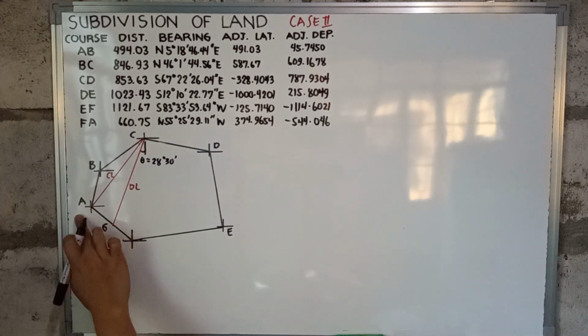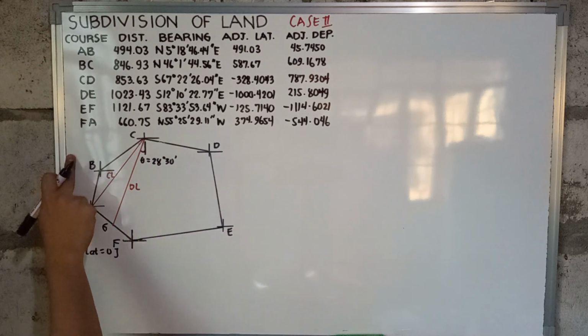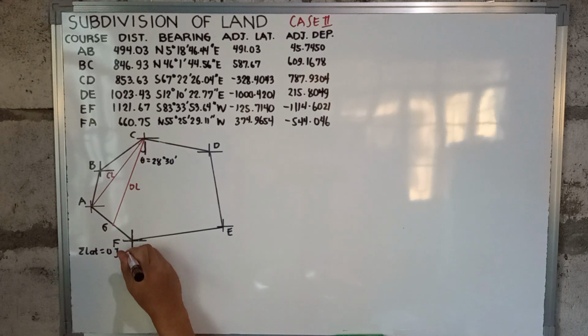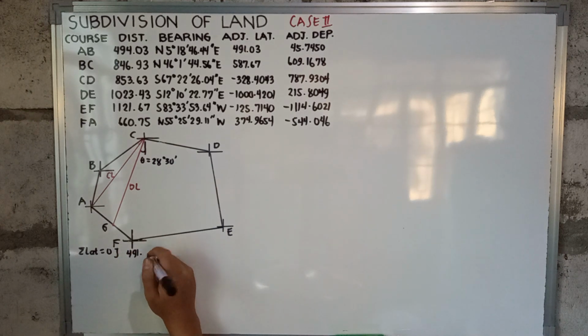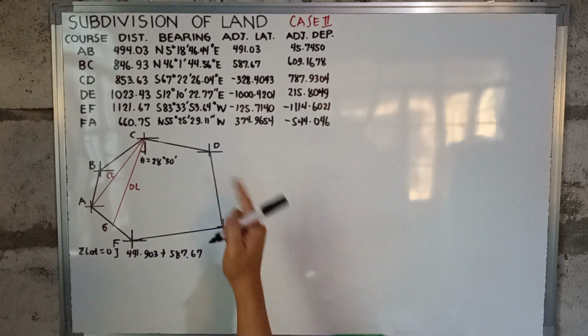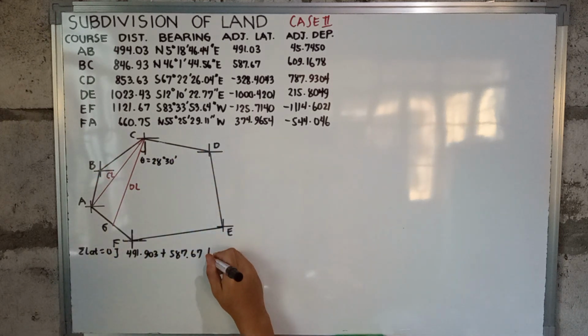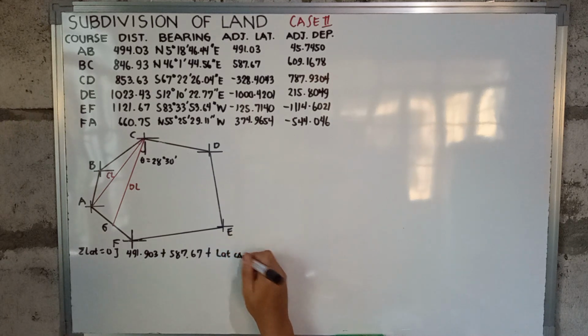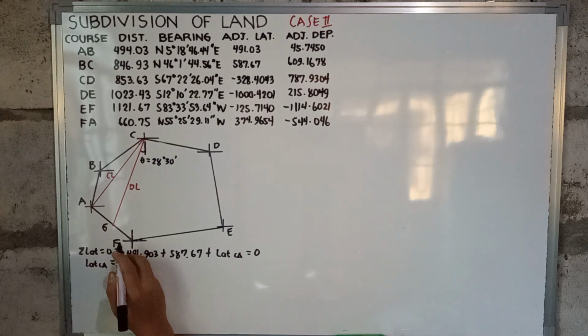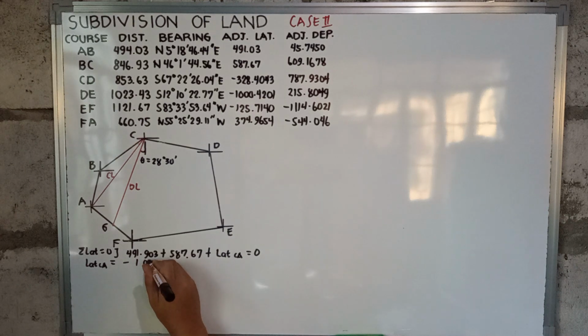So kung titingnan ninyo, that will be from A, B, B, at saka C. So the latitude from A, B is equal to 491.903 plus 587.67. That will be the latitude of BC plus yung latitude natin from C to A is equal to 0. The latitude from C to A is now equal to negative 1,079.573.